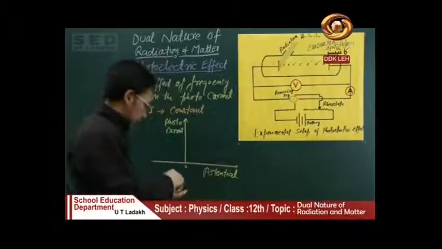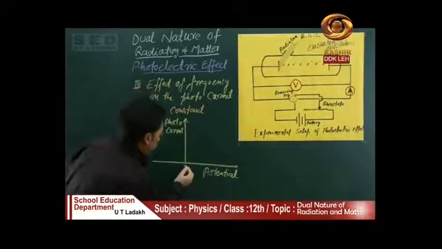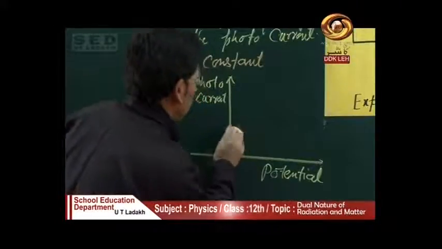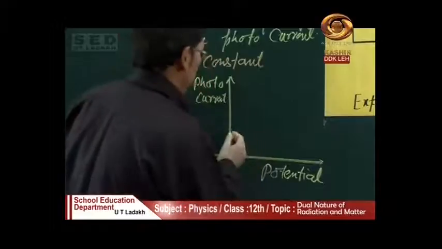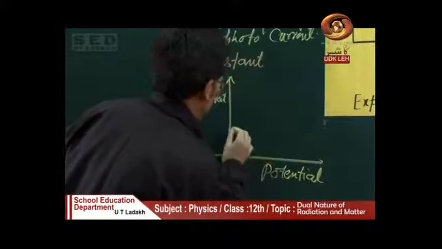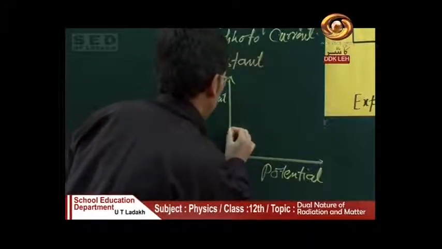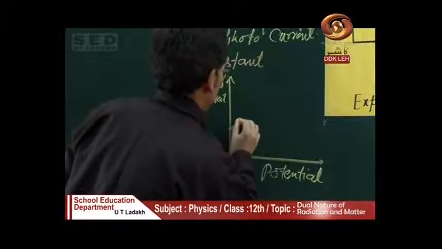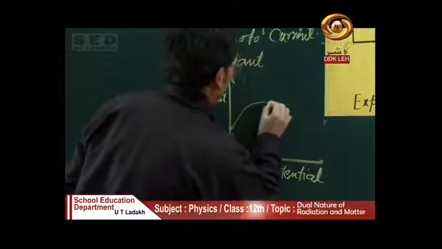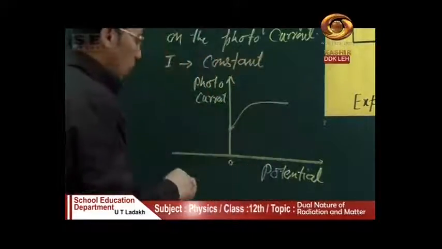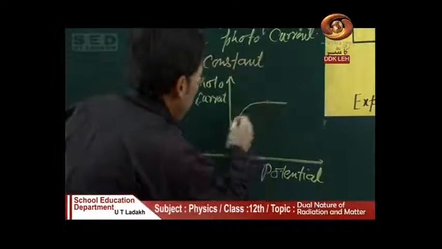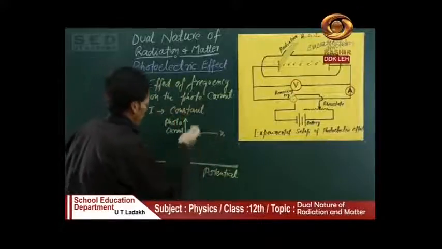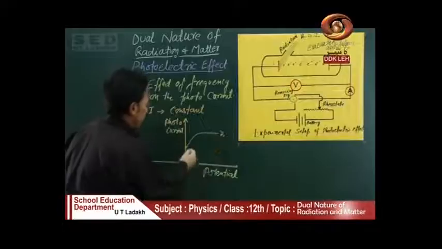So in that case, when the potential is 0, the current will be this much. This much of current you can see from the emitter. When we increase the potential, like we have done in the previous one, the current will increase initially and then it becomes constant. I am plotting for radiation of frequency nu1.